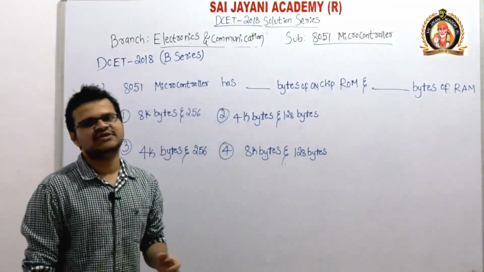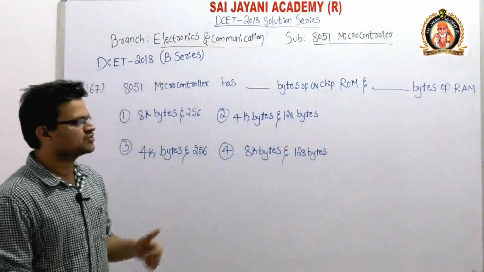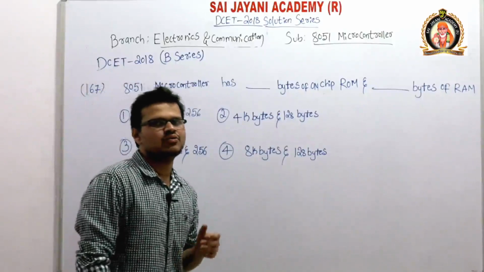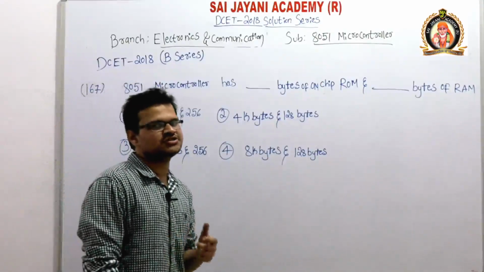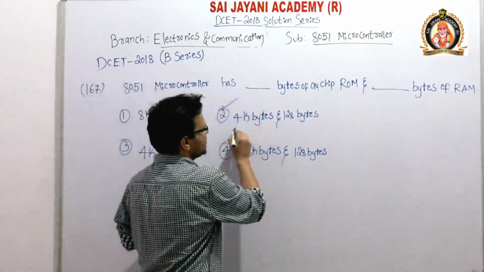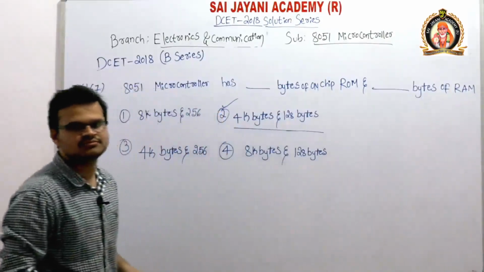If we know the salient features of the 8051 microcontroller, then we can solve this question very easily. The 8051 has 128 bytes of RAM and 4 kilobytes of on-chip ROM. So the right option is the second one.